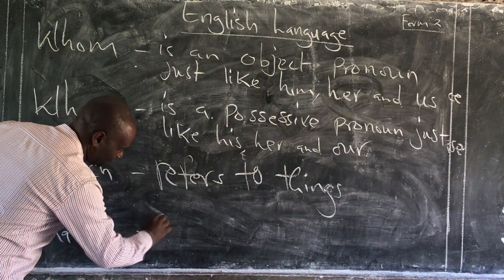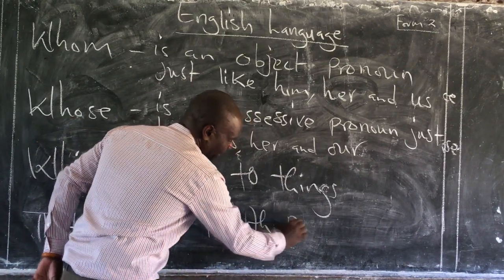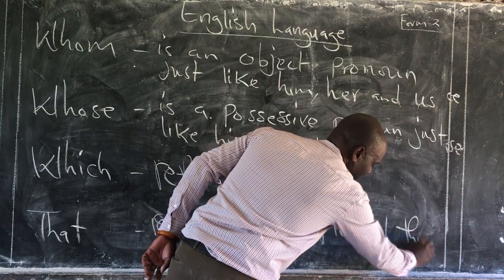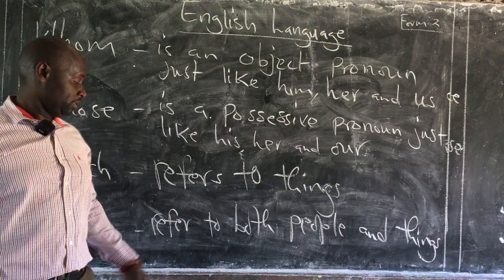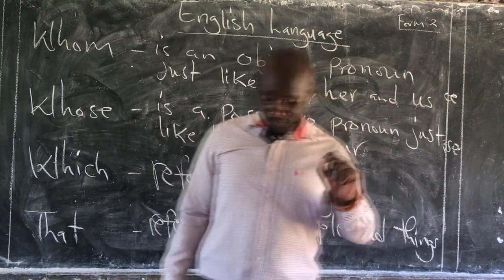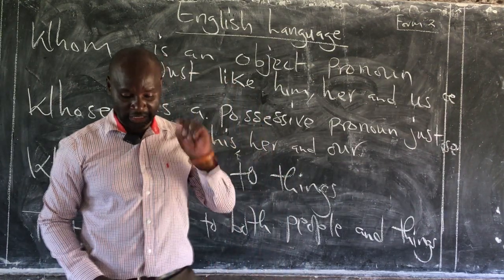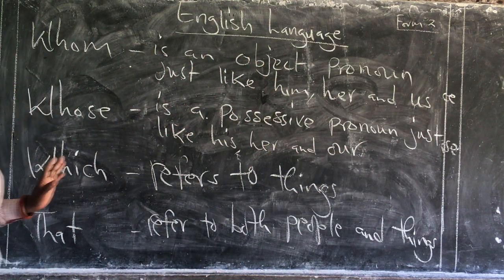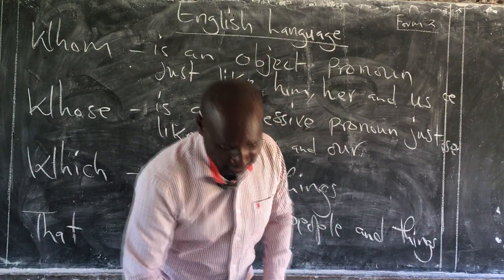So, our main task today is to join two sentences using relative pronouns. Now, we'll be using the relative pronouns that I have given here properly to join the sentences.